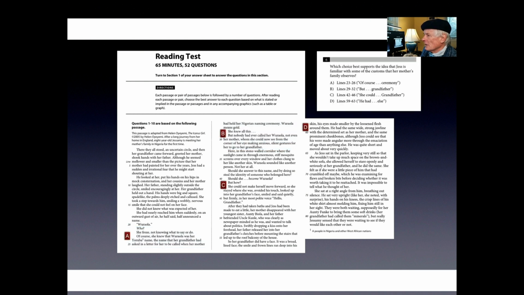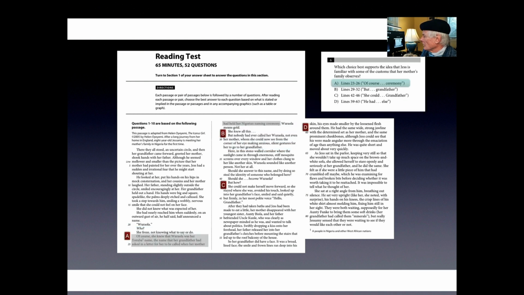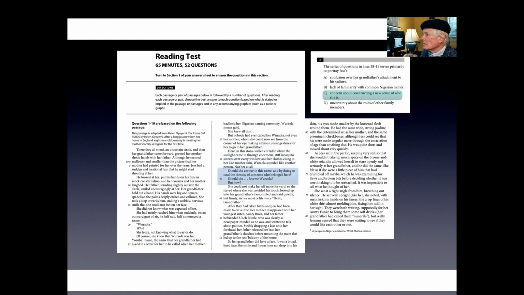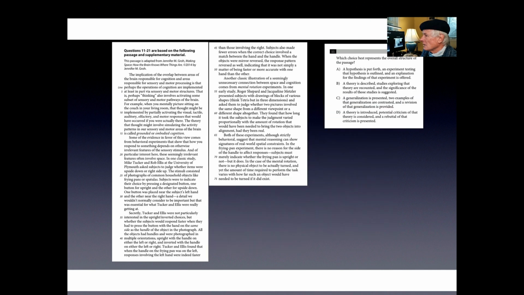It differs from a slide or a question such as, let's see, one right here. Okay. Let's go to this over here. For instance, which choice best represents the overall structure of the passage?